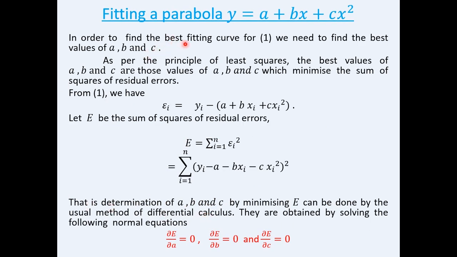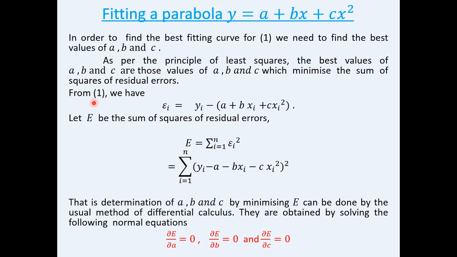In order to find the best fitting curve for 1, we need to find the best values of a, b and c. Here we are using the principle of least squares for finding the best values of a, b and c. As per the method, the best values of a, b and c are those values which minimize the sum of squares of residual error.